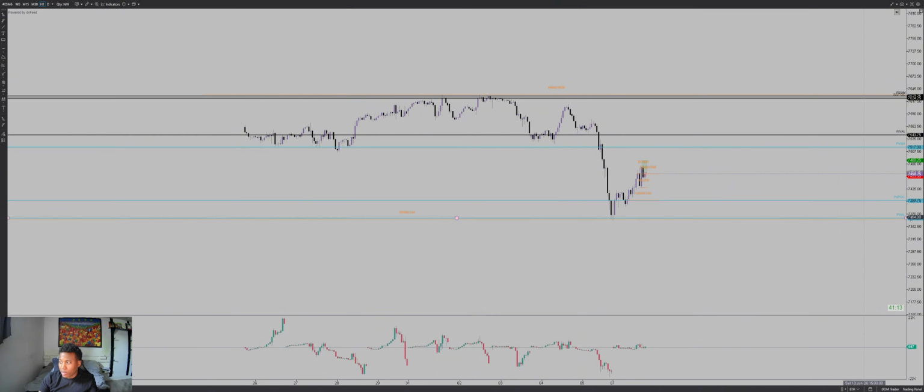H1 trend is bearish. The overall condition: the daily trend remains bullish, but the recent break below a higher low and the bearish H1 structure suggests the market is currently correcting lower within the broad uptrend.